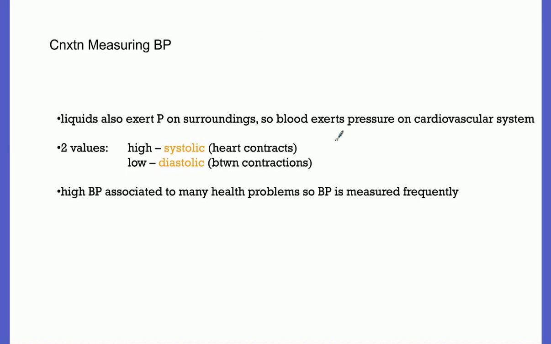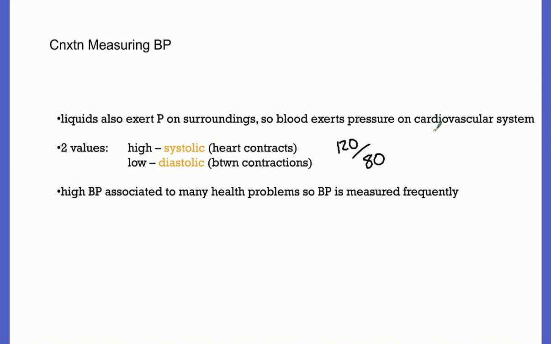So you have these two values in blood pressure, systolic and diastolic. Normal blood pressure is like 120/80. That doesn't mean that everyone really has to be at 120/80. It just means that's the average blood pressure for most people. So you may not have that average blood pressure, and you might still be healthy.